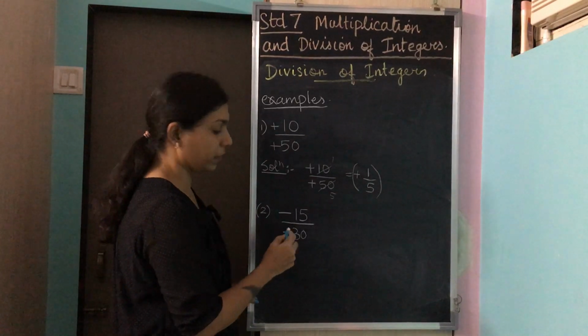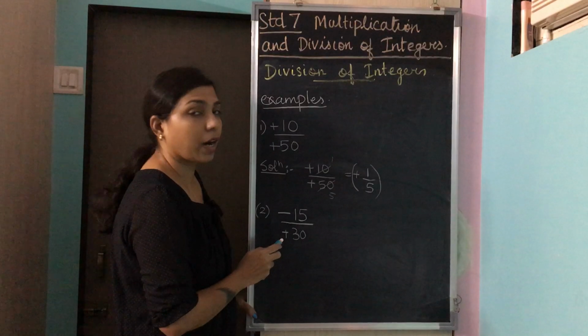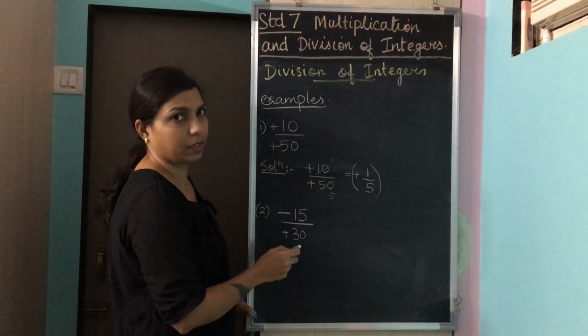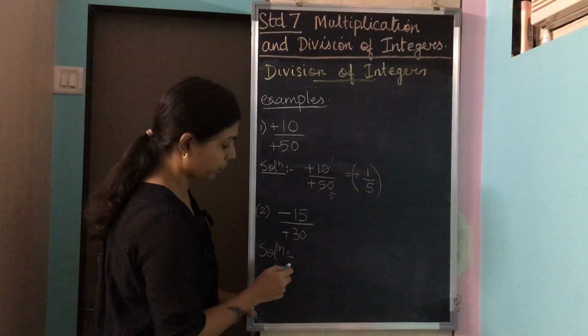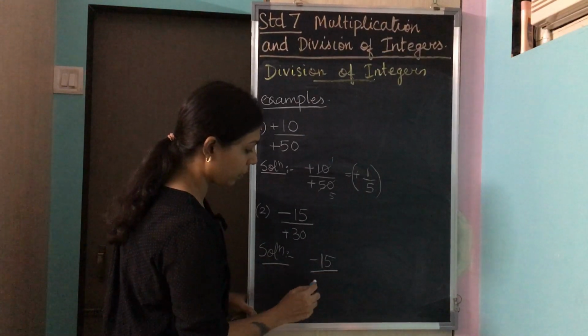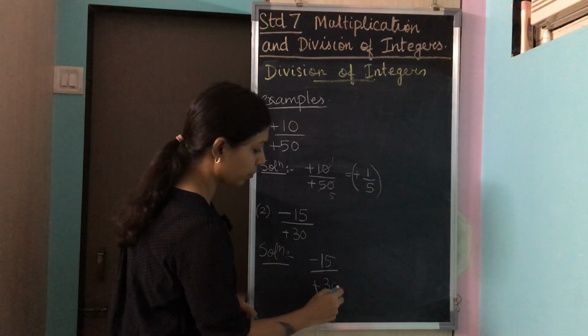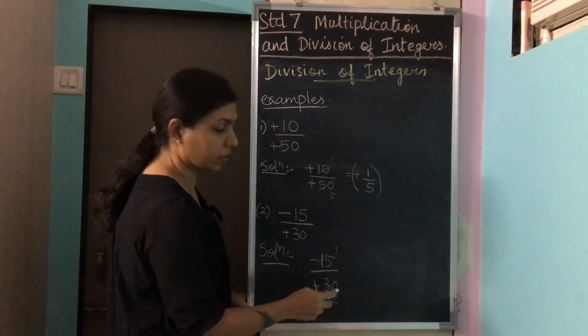Minus 15 upon 30, or I can say minus 15 upon plus 30. So how do I go about solving it? Minus 15 upon plus 30. 15 ones are 15, 15 twos are 30.